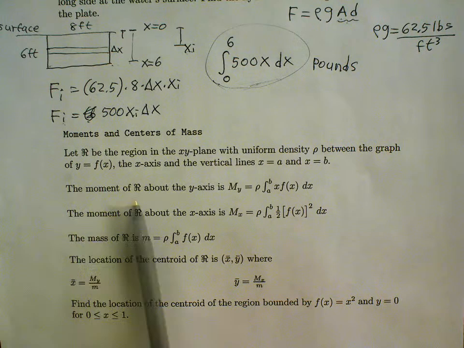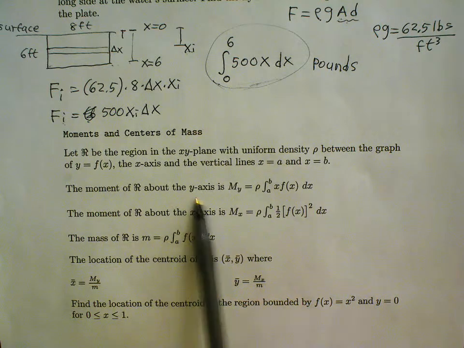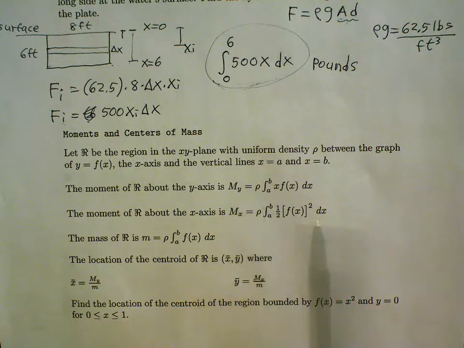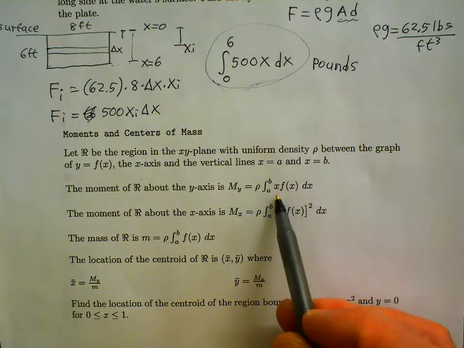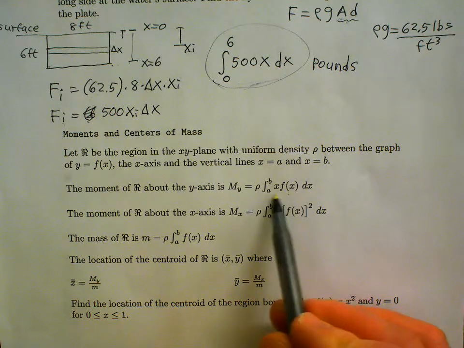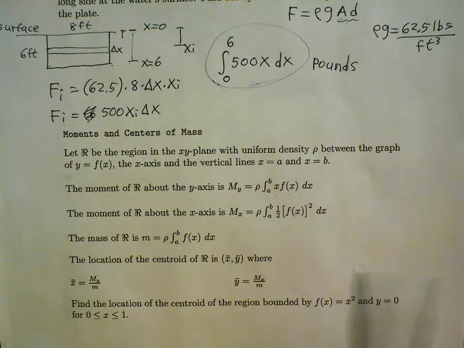The moment of the region about the y-axis is denoted capital M sub y, and that's equal to rho times the definite integral of x times f of x dx from x equals a to x equals b.